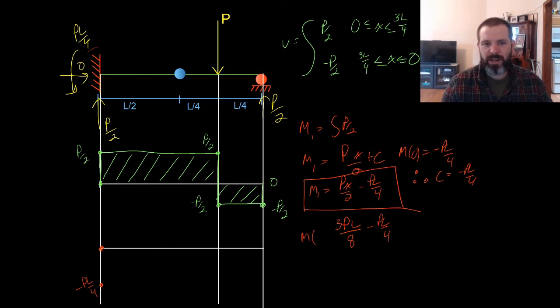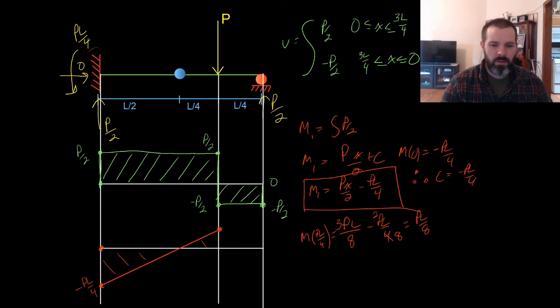So this is the moment at 3L over 4. The common denominator here will be 8. And this will equal PL over 8. So the moment for the first portion will be a straight line going from minus PL over 4 to PL over 8. And it will have this equation.